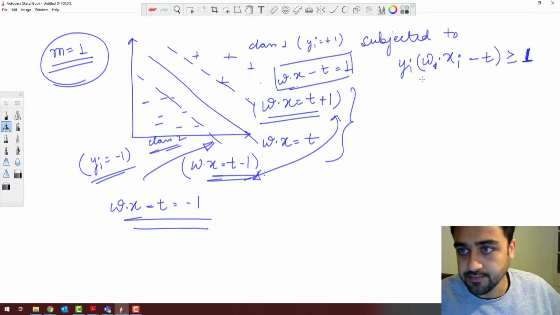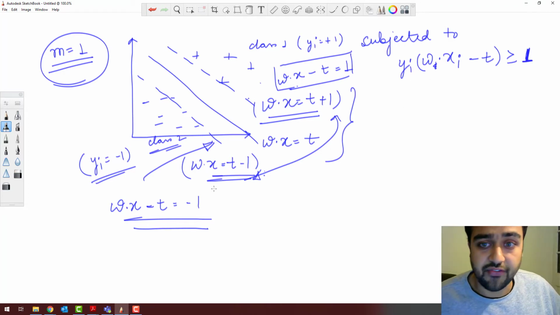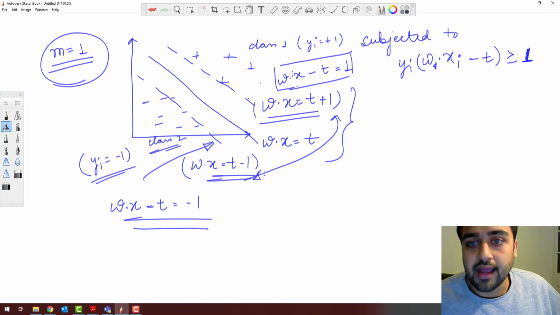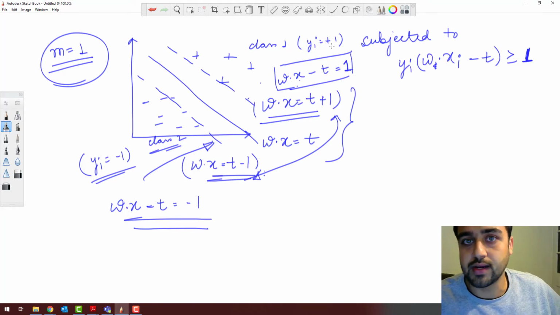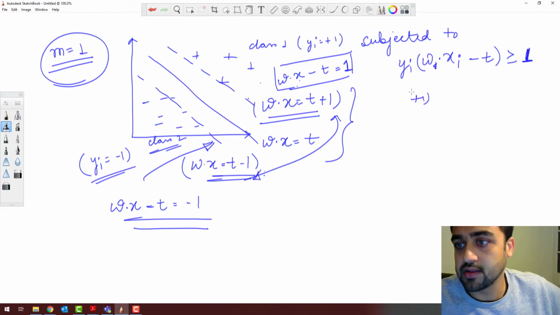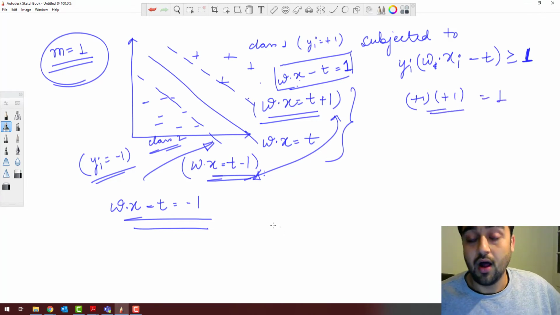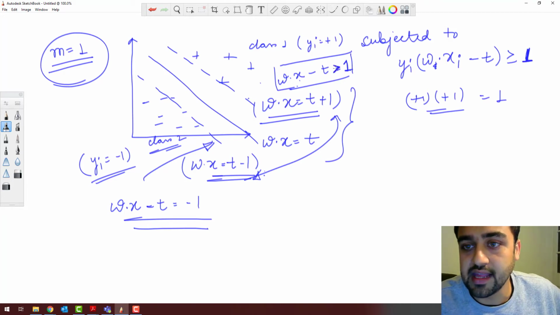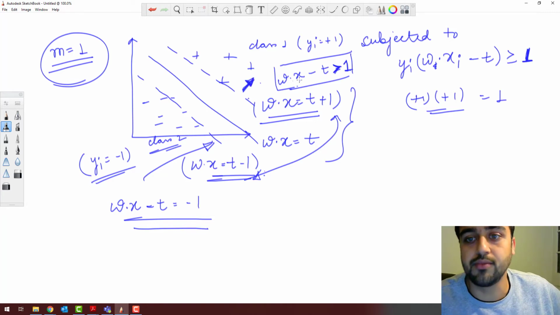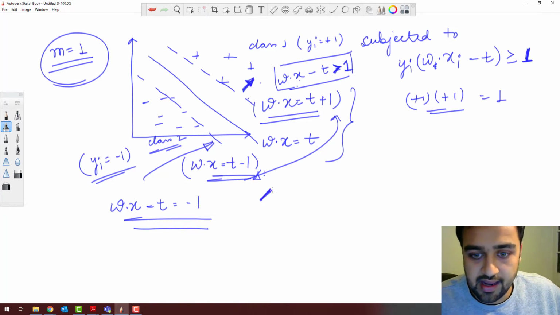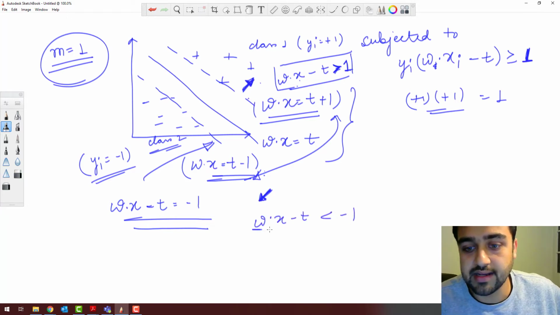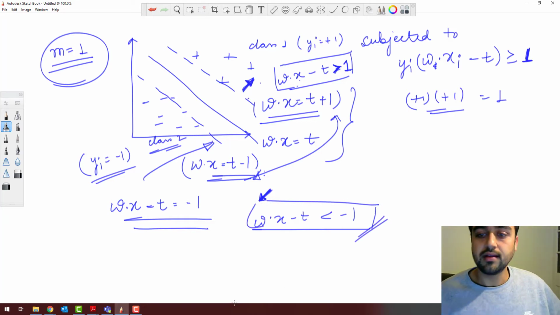So as you can see, if it's correctly classified, then w dot x minus t is equal to plus 1, and our yi is equal to plus 1, right? So this would make it equal to 1, or anything greater than that would be greater than plus 1, because anything lying above this line would have an equation w dot x minus t greater than 1. Similarly, anything lying below this line would have an equation w dot x minus t less than minus 1, right?